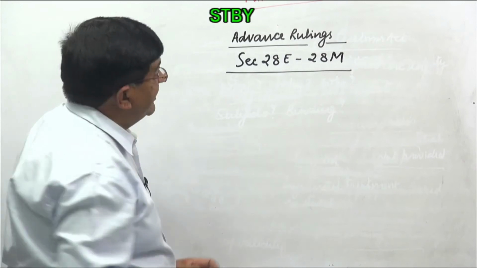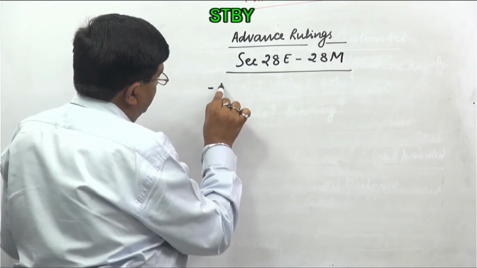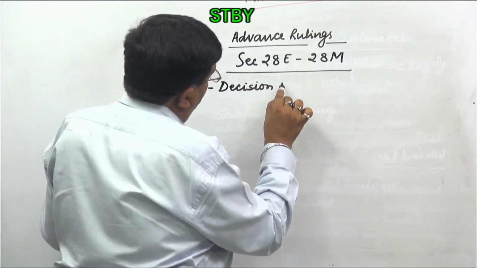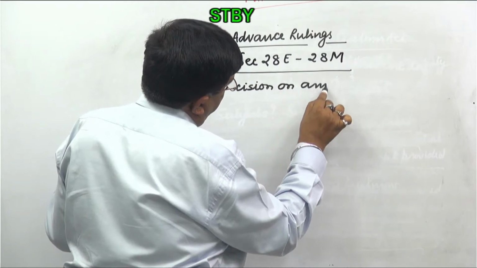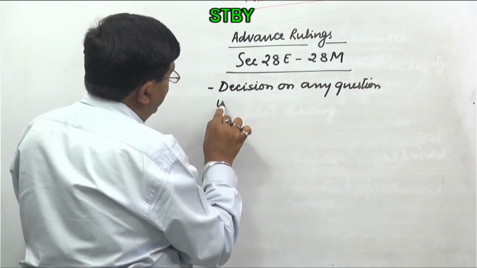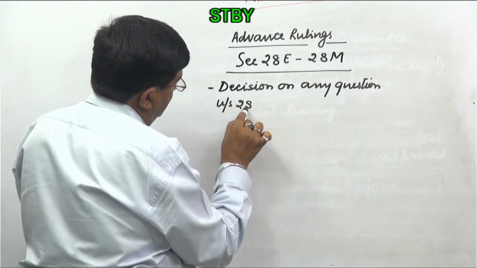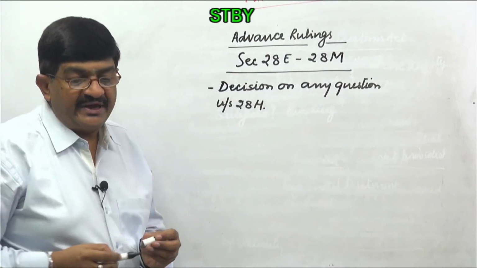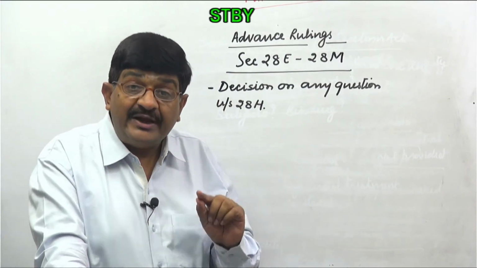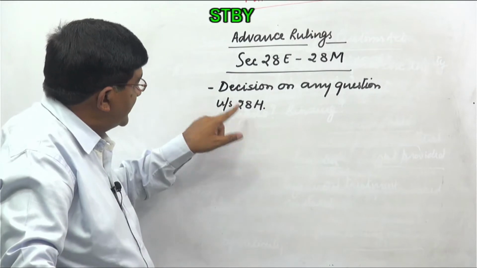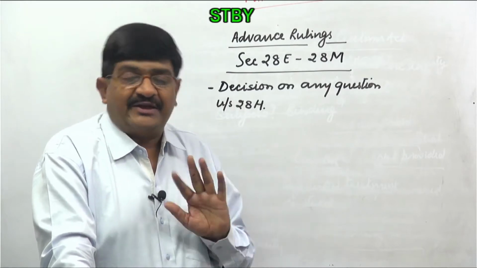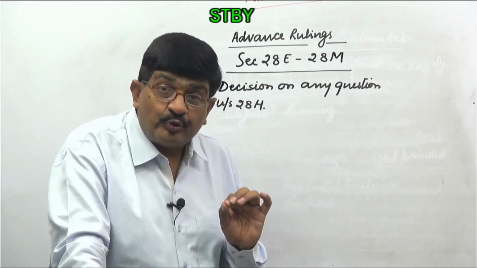So advanced ruling means decision on any question under section 28H. Now you can understand that advanced ruling can be obtained only on the questions which are referred under section 28H. You cannot go for advanced ruling on anything, only specific questions.